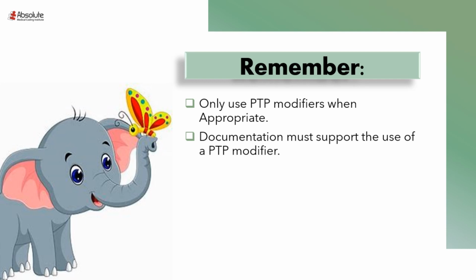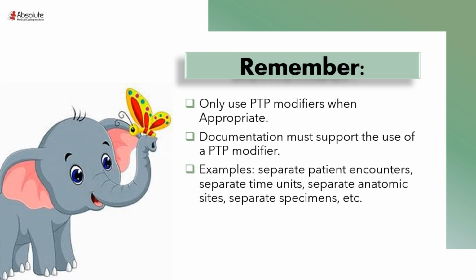So appending a modifier to a code basically indicates that records are available for review that supports the usage of that modifier. So again, very important to know when to use those modifiers and to make sure that we are using them appropriately. So an example would be a separate patient encounter, separate time unit, separate anatomic site, or a separate specimen.